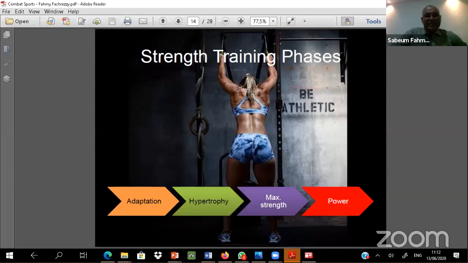The next, this is the strength training phase. Maybe it is the same as Mr. Ekawit: adaptation training, hypertrophy, maximum training, and getting power. I see many coaches have a power program, but the athlete has not been prepared from the beginning, with adaptation or maximum strength.